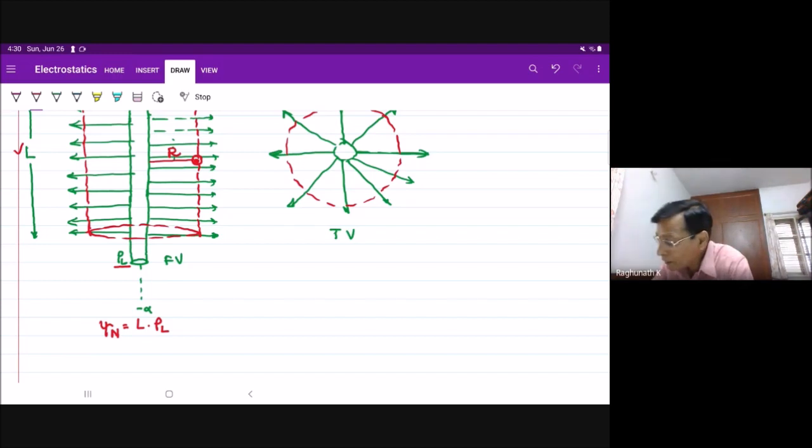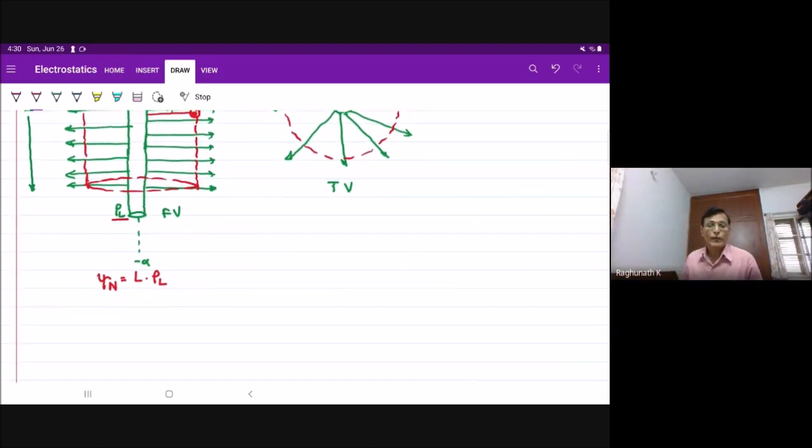And flux is scalar. The normal flux density D bar is equal to what? The curved surface area of the cylinder of radius r and length L is 2 pi r into capital L. Total amount of flux L into rho L divided by 2 pi r into L. In which direction?